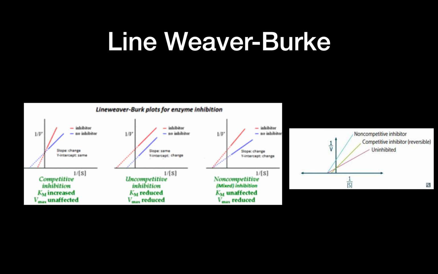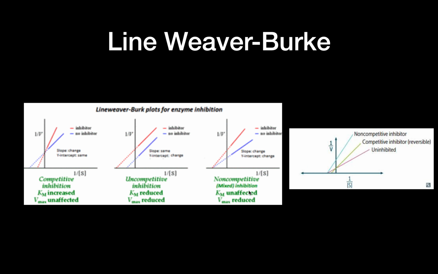So here are the Lineweaver-Burk plots. Just remember these. Competitive, the Km is increased. That means that in order to overcome it, you've got to increase the substrate concentration. Uncompetitive inhibitor, Vmax and the Km are reduced, and also it's parallel to the no inhibitor line.